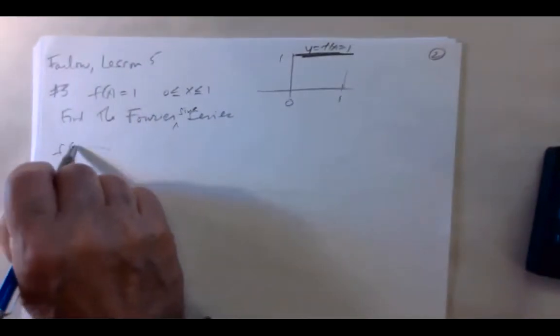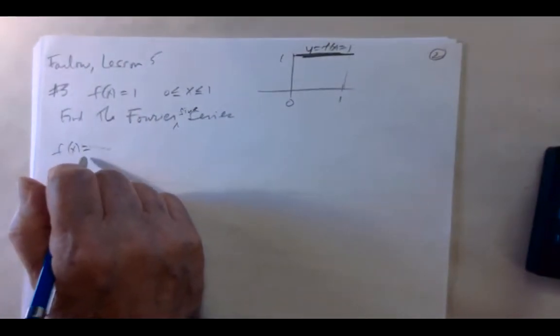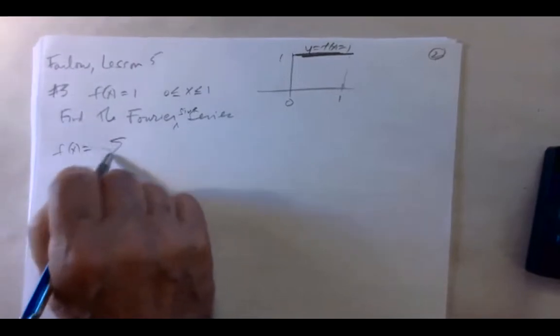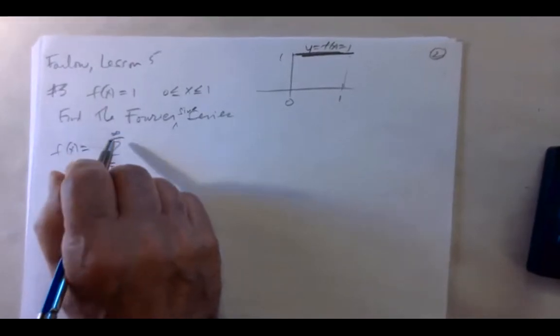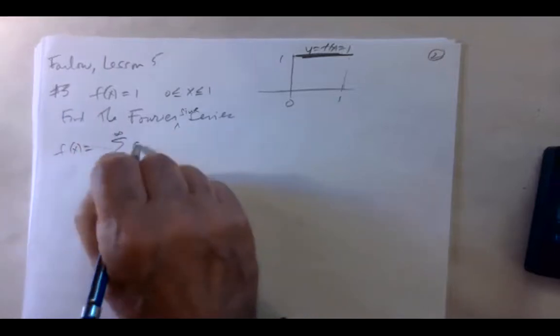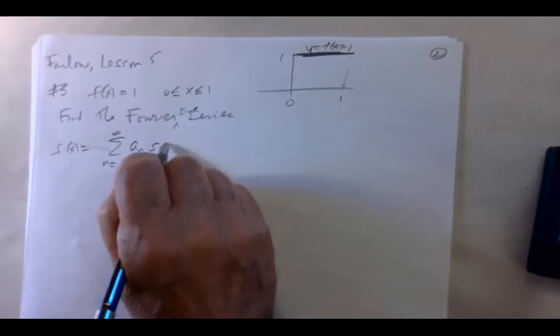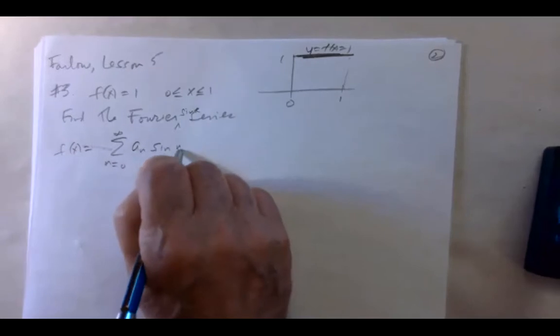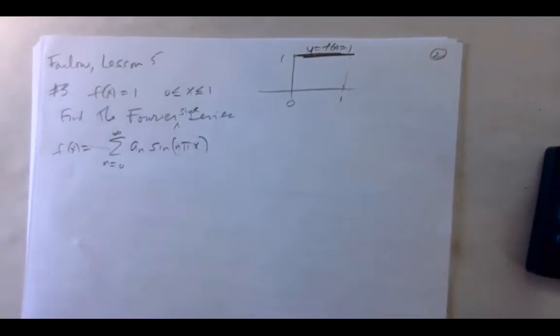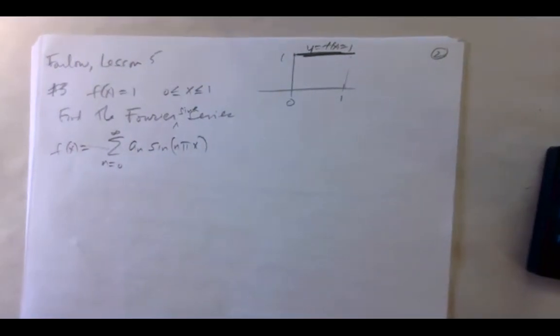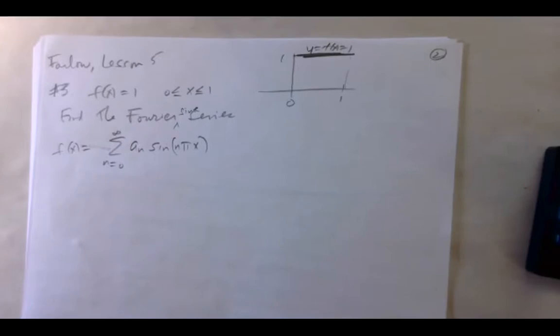So we want to be able to write f of x as a sum from 0 to infinity, some Fourier coefficient a sub n times the sine of n pi x, and that equals 1.